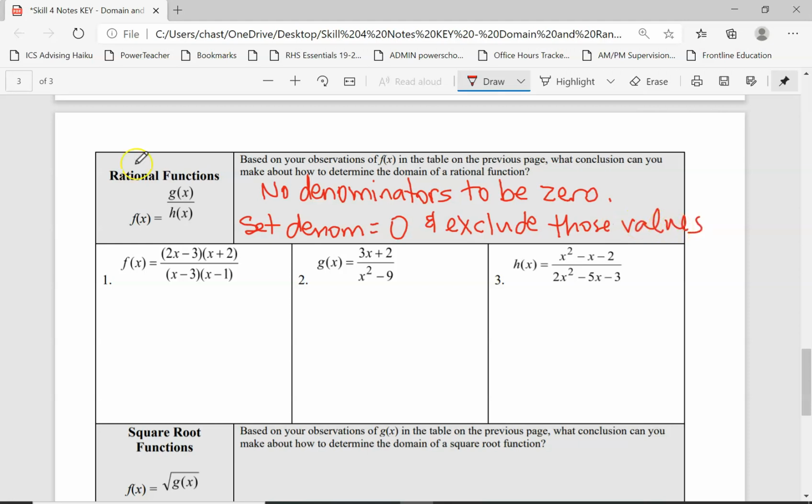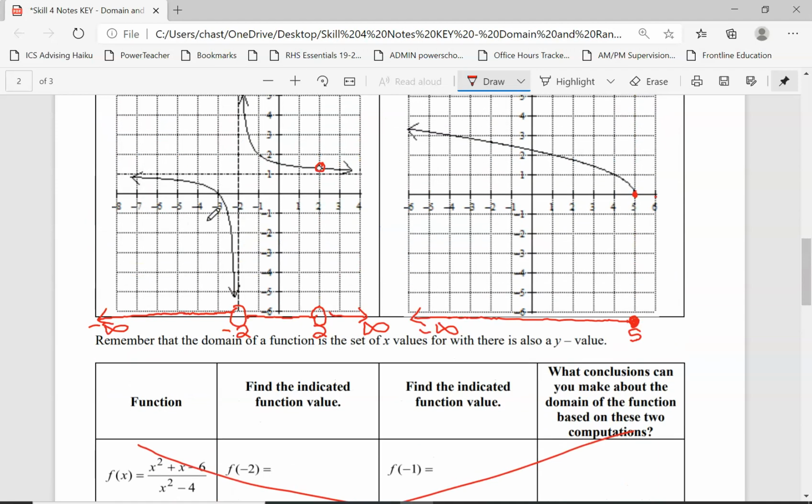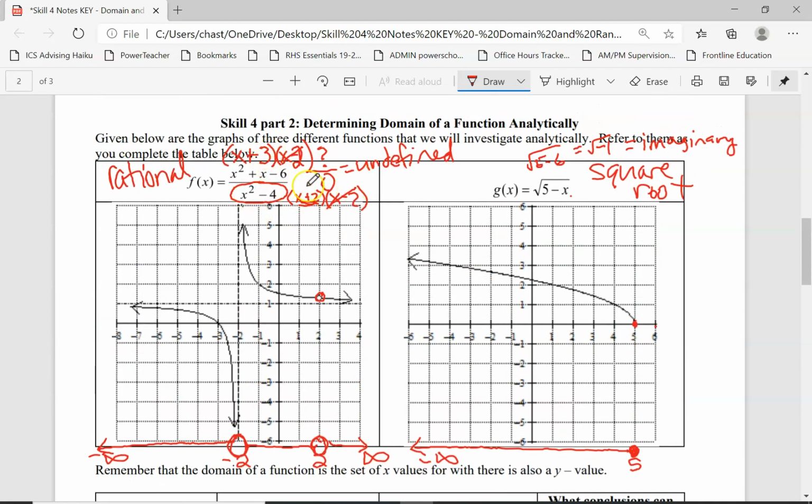Okay, rational functions are going to have every number except for the things that make the denominator 0. Okay, so if we look back at our graph of a rational function, our domain here would have included any values of x except for negative 2 and positive 2, because in that case, that's what made the denominator of this function 0.